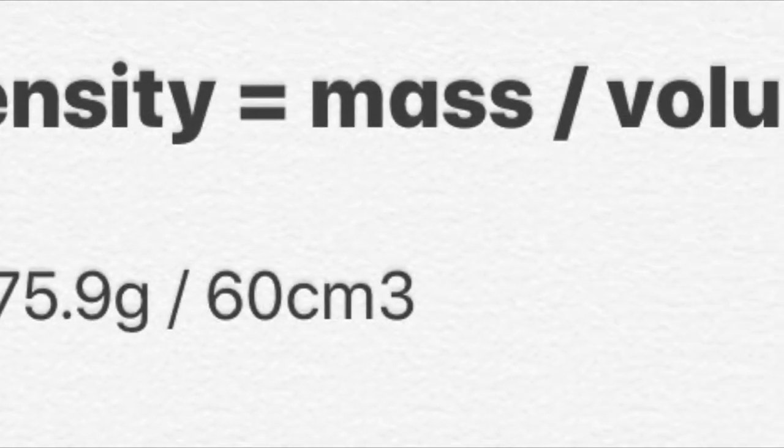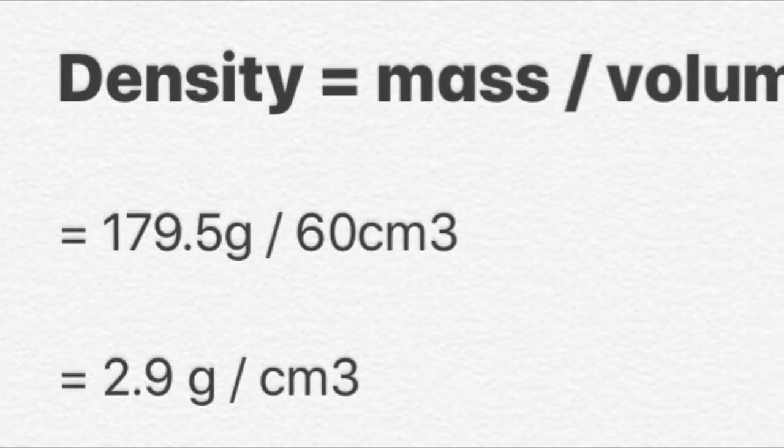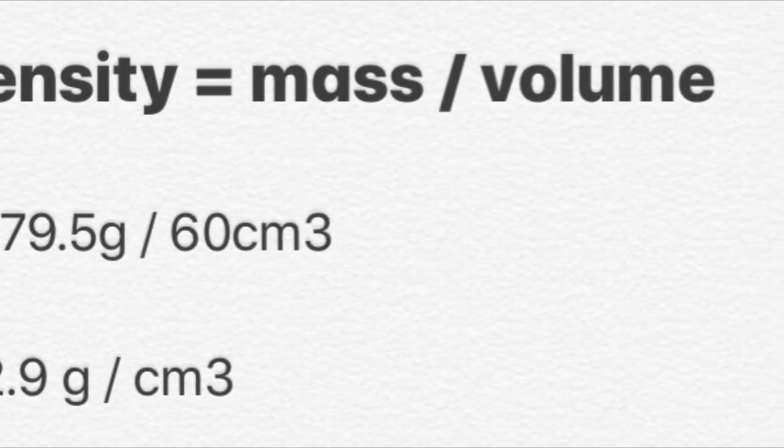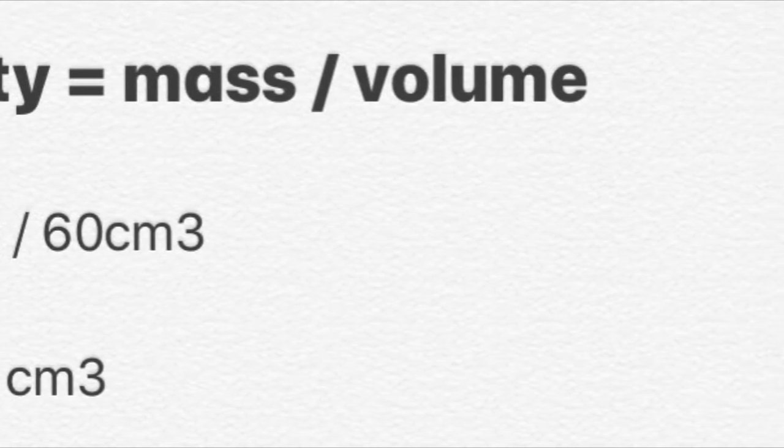The mass was 175.9 grams and the volume was 60 centimetres cubed. So on your calculators, 175.9 divided by 60 gives us 2.9 grams per centimetre cubed. The density of the block was 2.9 grams per centimetre cubed.